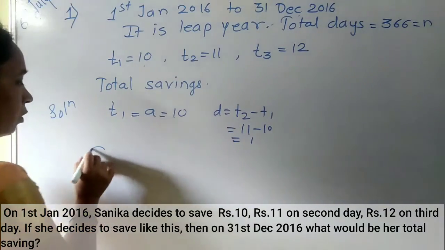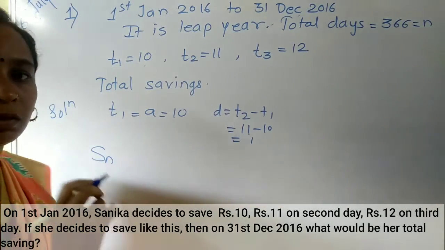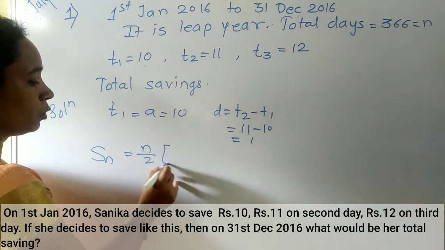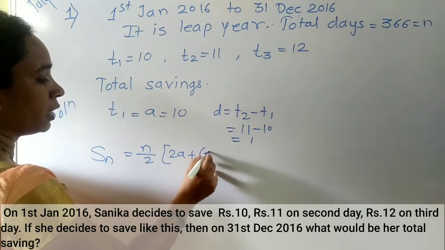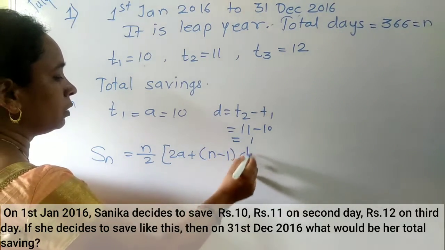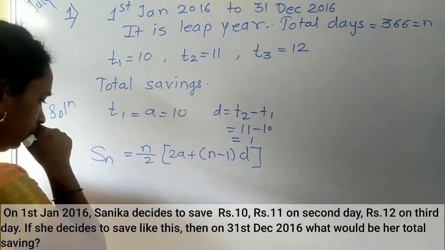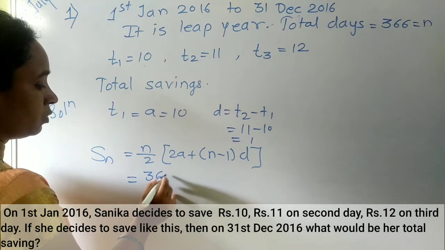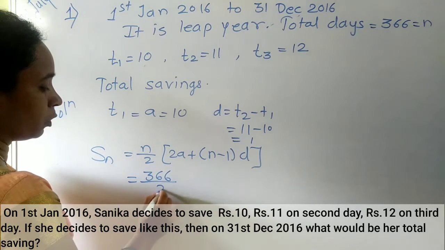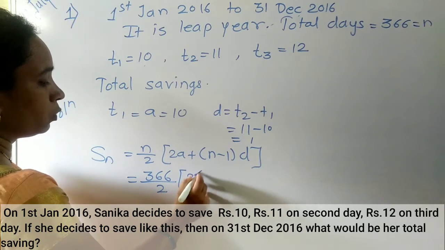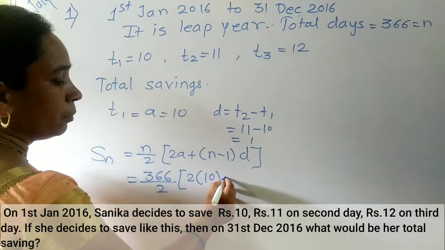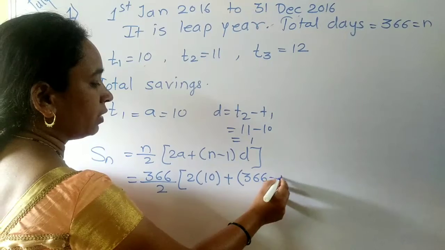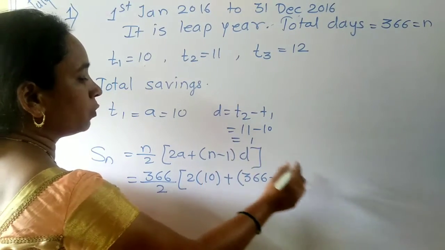We have to find out total saving. So we'll use the Sn formula, n upon 2 into 2a plus n minus 1 into d. n's value is 366 upon 2, 2 into a's value 10, plus n's value again 366 minus 1, into d. d's value would be 1.